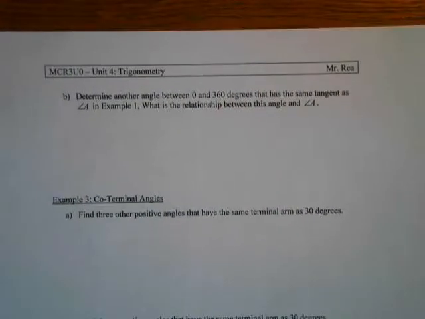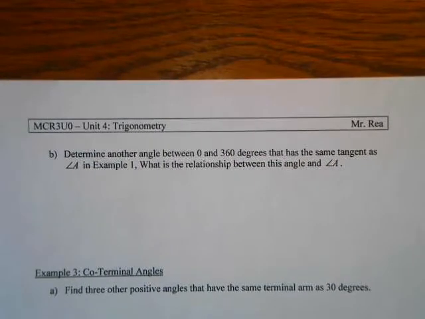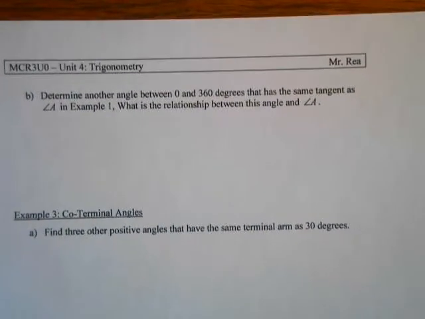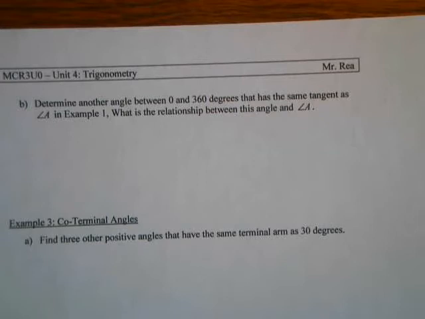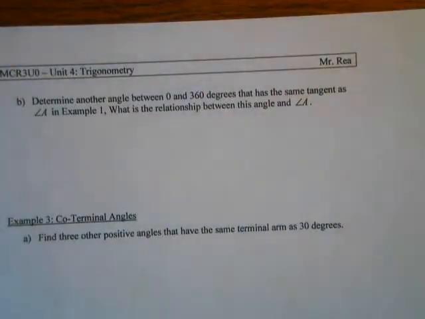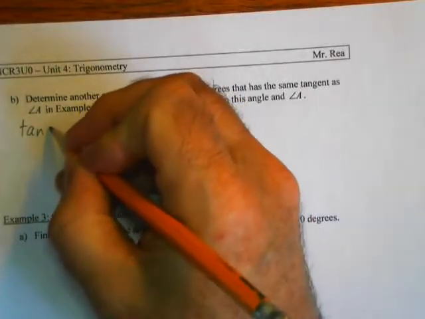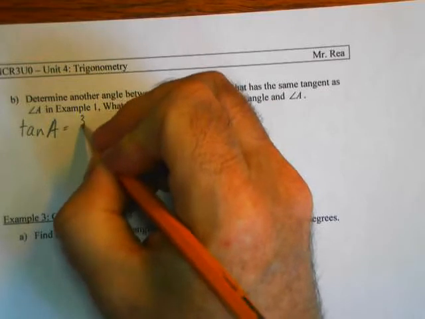Okay, and then the last part, you can probably see where this is going, is working with the tan ratio. So we were given the original tan ratio: tan of A equals 3/4.